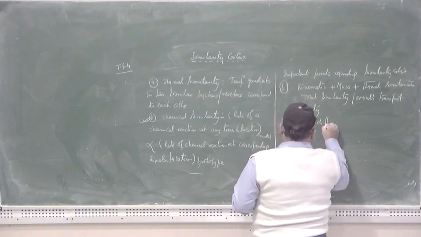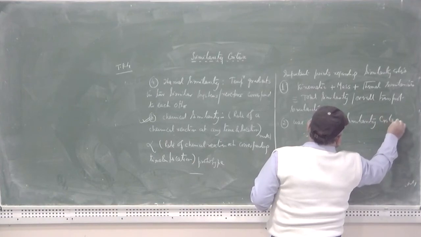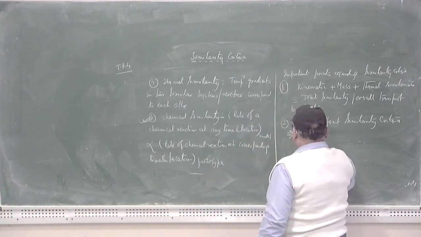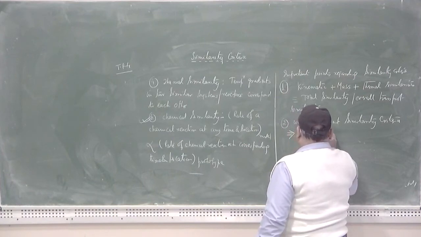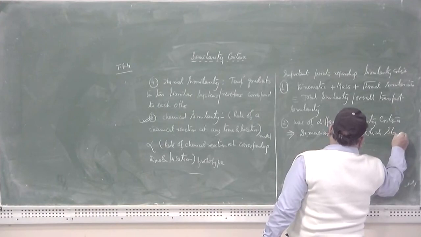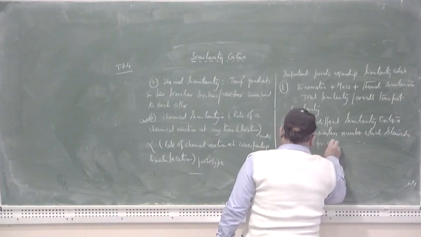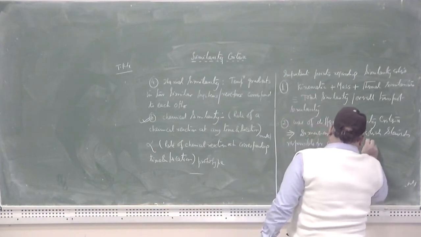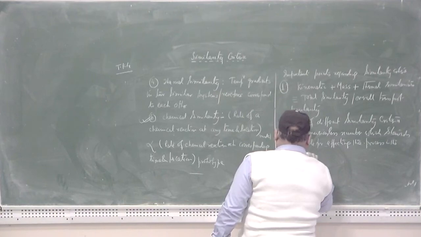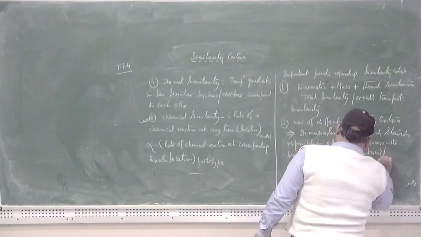use of different similarity criteria. It will conclude into the fact that the dimensionless number which stands responsible for affecting the process in the systems can be derived, obtained, or decided.